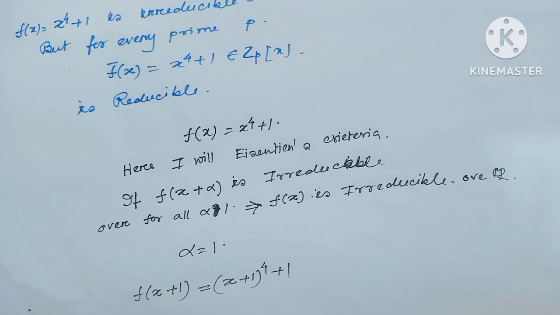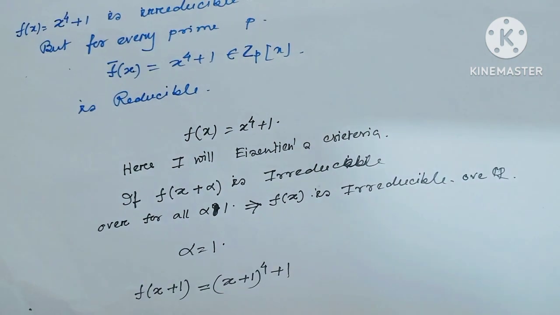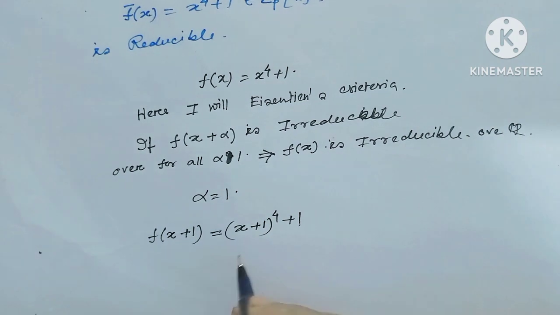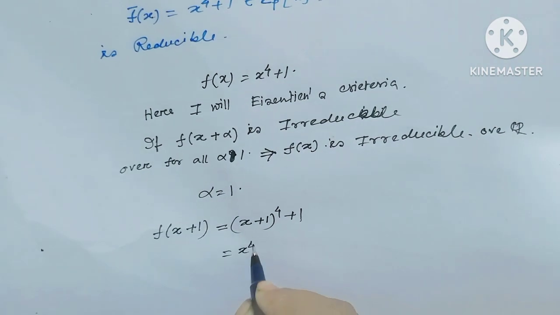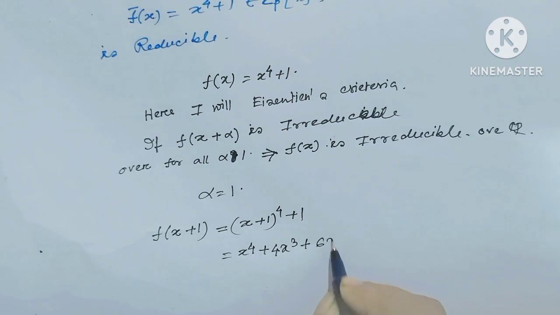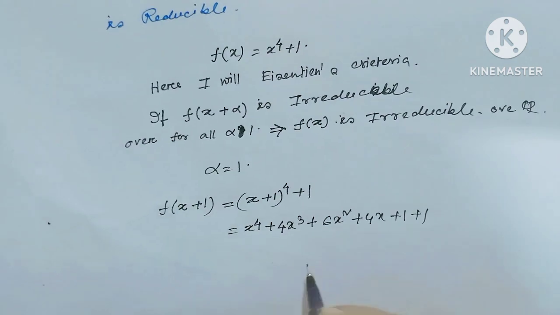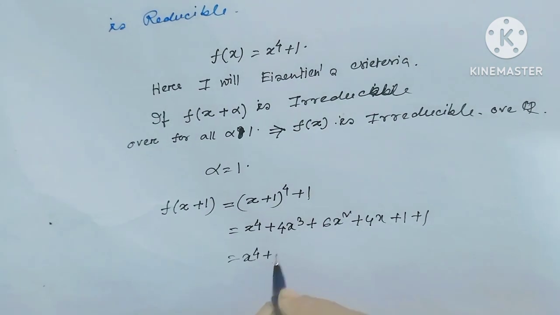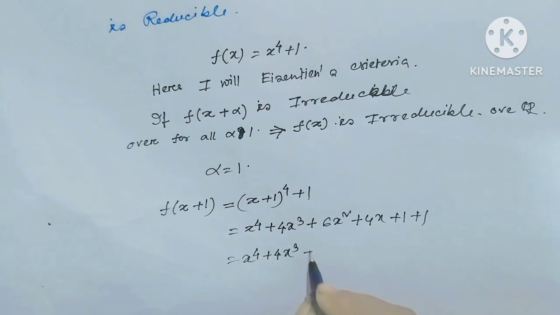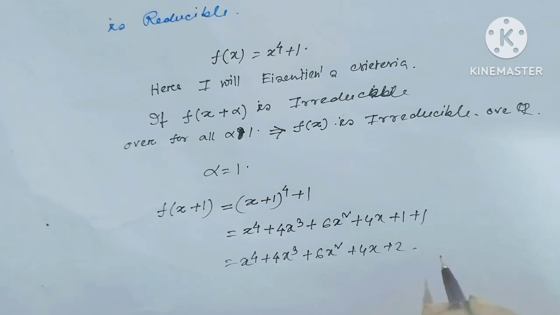Then f(x plus 1) would be (x plus 1) to the power 4 plus 1, and (x plus 1) to the power 4 means x to the power 4 plus 4x cube plus 6x square plus 4x plus 1, which implies x to the power 4 plus 4x cube plus 6x square plus 4x plus 2.